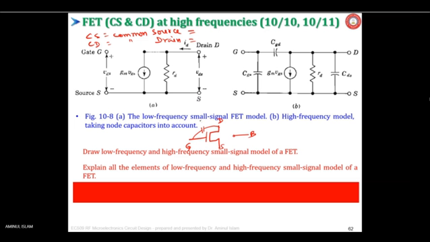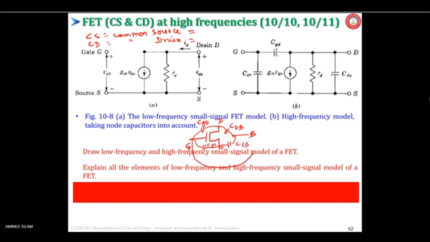So it is CGD, this is CGS, another capacitance, and between drain to body, CDB, and CSB.